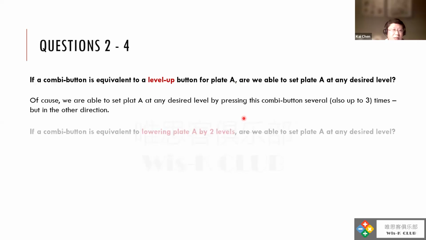Okay, great. Question number 3. If a combi button is equivalent to lowering plate A by 2 levels, are we able to set plate A at any desired level? If it's not only one, but lowering plate A by 2 levels, can we do it?